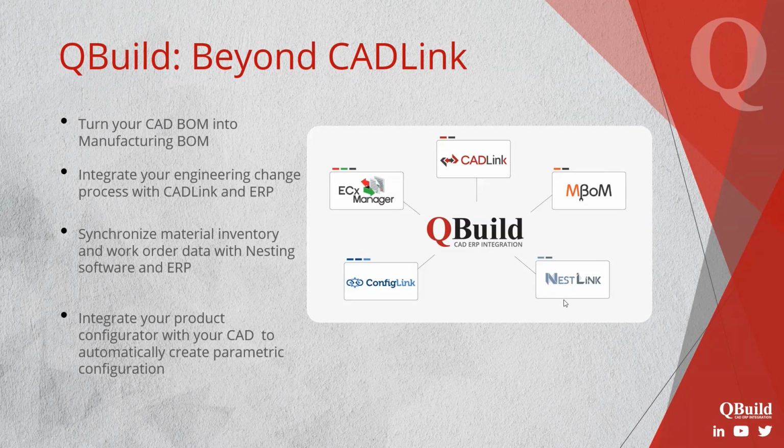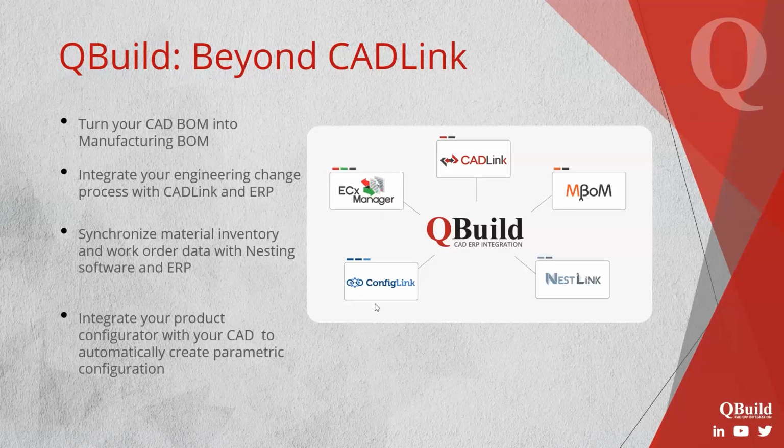On the bottom right, I have Nestlink, a tool that synchronizes material inventory and work order data with the nesting software, instead of the CAD software. So things like Sigma Nest, ProNest, right? Any of those nesting software, we integrate with that and the ERP.